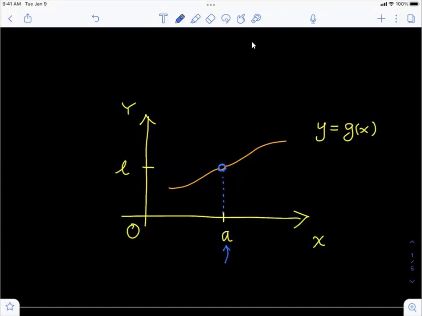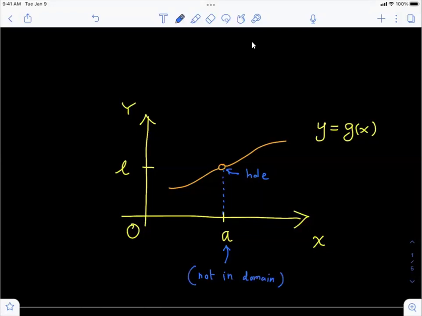This kind of a scenario is called a hole. So this is a hole on the graph. Let me name it on the other side for convenience. So this is a hole, and that simply means the function is not defined at a. So a is not in the domain.